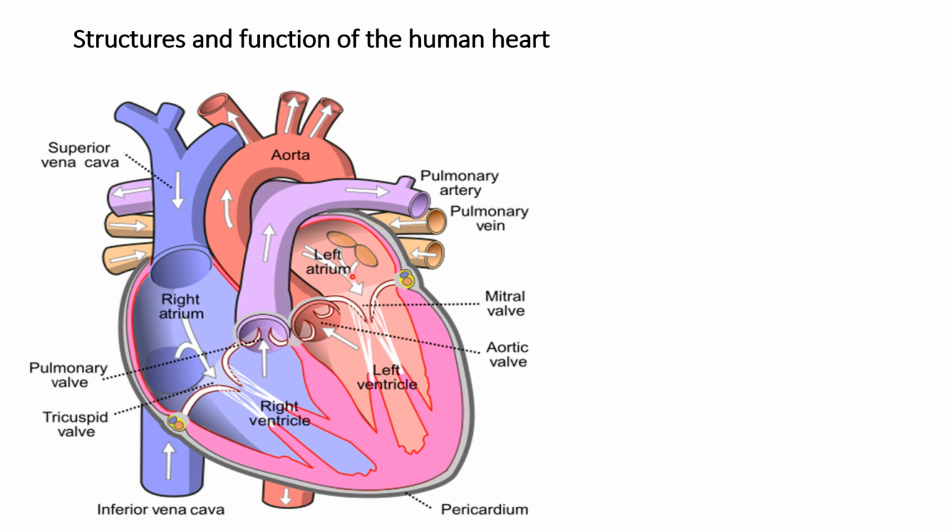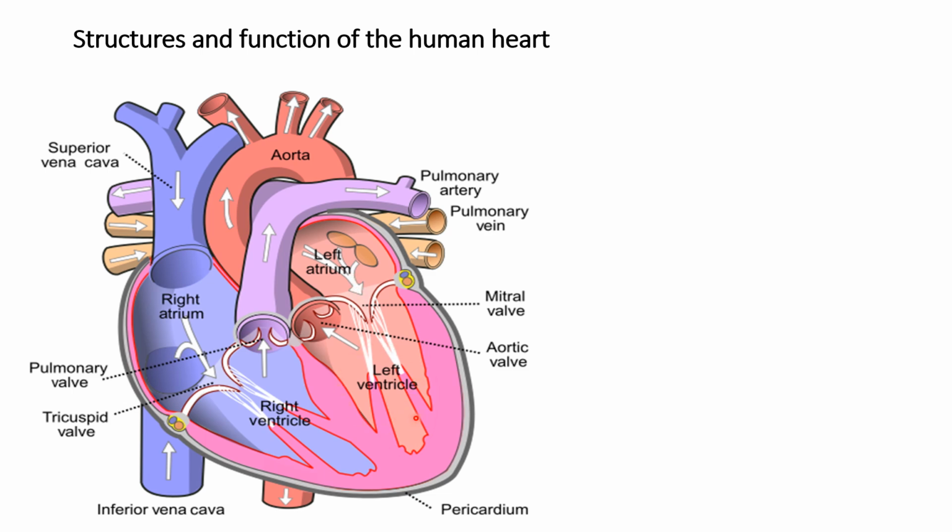From the left atrium, this blood is pumped into the left ventricle through the mitral valve. The mitral valve opens, allowing blood in, and then closes to prevent backflow of blood.